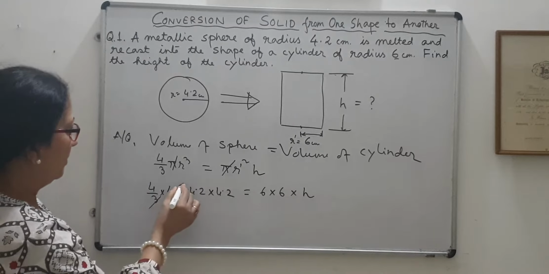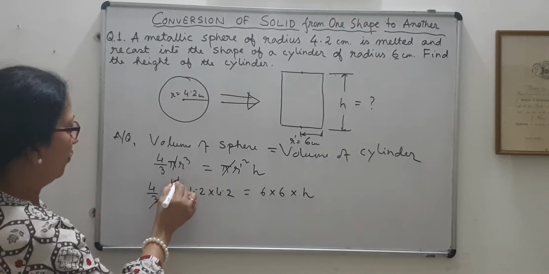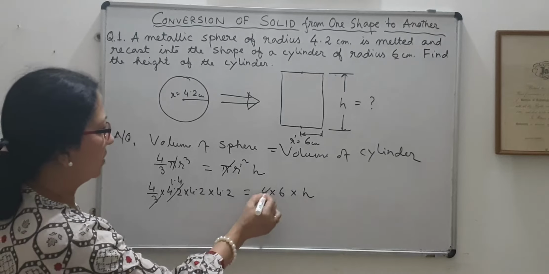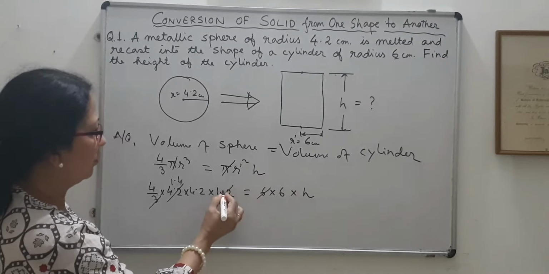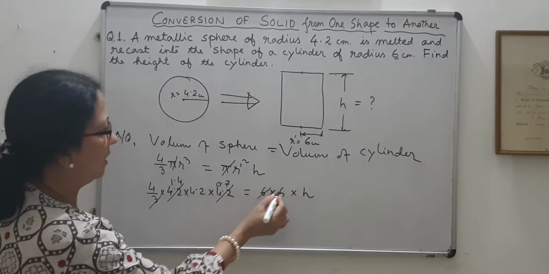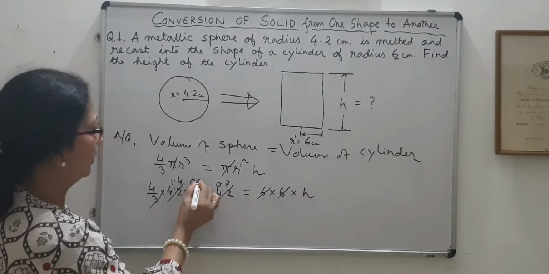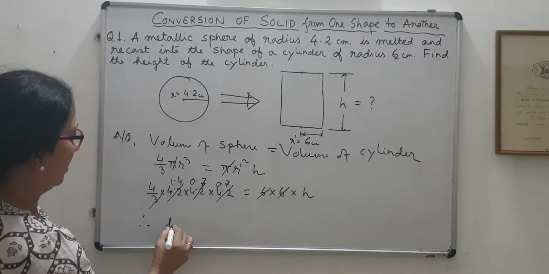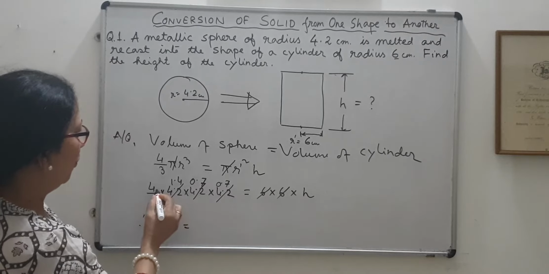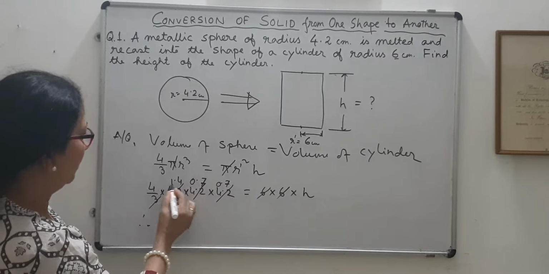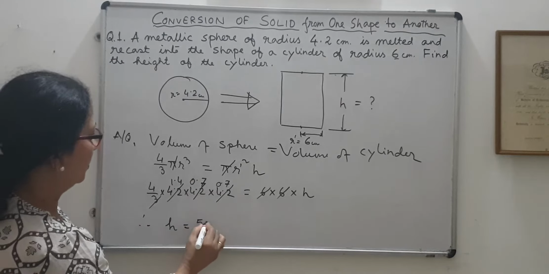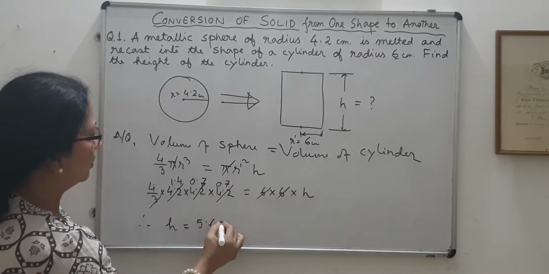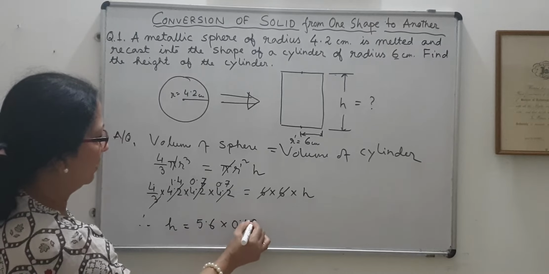You see 3, 1.4, 14 into 3 is 42, so 1.4. Then you know 6 will cancel, 6 7s are 42, so it is 0.7. Similarly, this 6 will cancel this 0.7. So everything got cancelled. Therefore, what is our h? H is equal to what is left: 4 into 14, 4 into 14 is 56, so 5.6. I am combining these two, and then 7 square is 49, so it is 0.49.